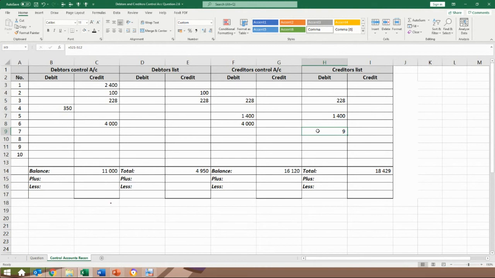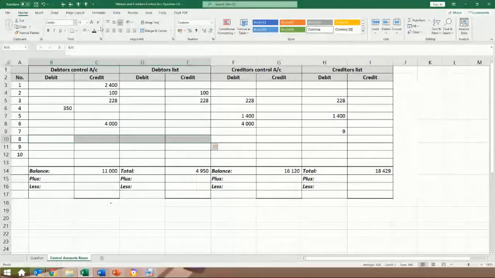Initially, we should have debited our debtors control and debtors listing with the 420.